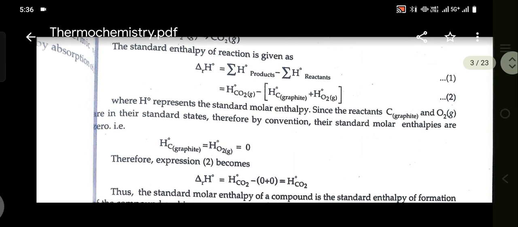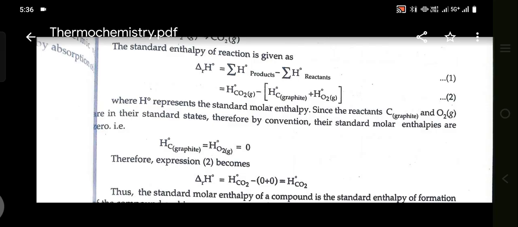The standard enthalpy of reaction is given as ΔrH° = ΣH°(products) − ΣH°(reactants), where H° represents the standard molar enthalpy.